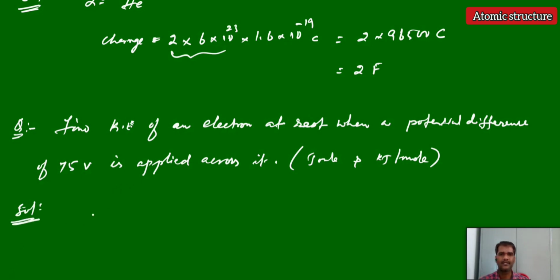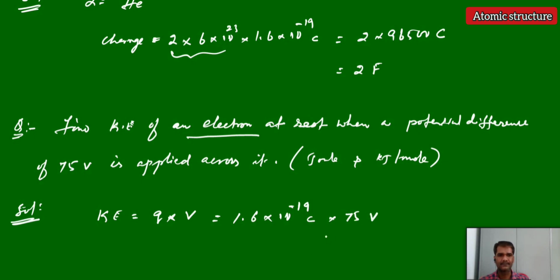So what we have to do here: kinetic energy K equal to charge into potential, Q into V. What is the charge? The charge of an electron is 1.6 into 10 power minus 19 coulombs, and the potential is 75 volts.